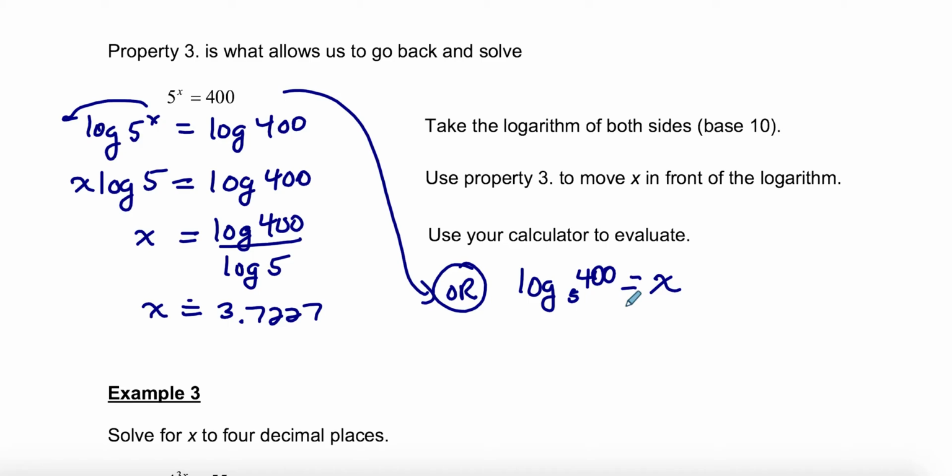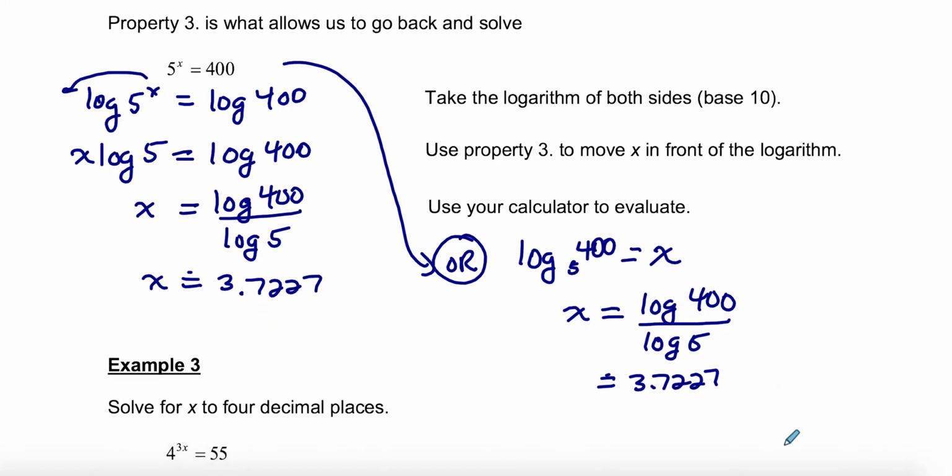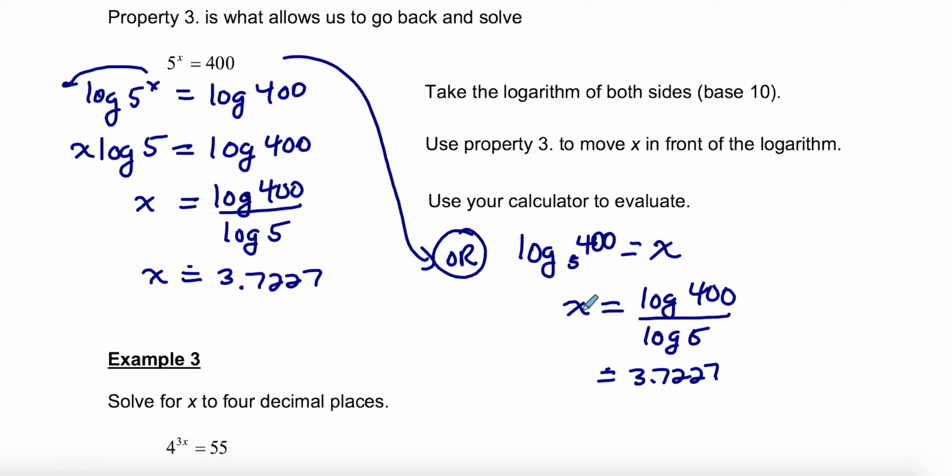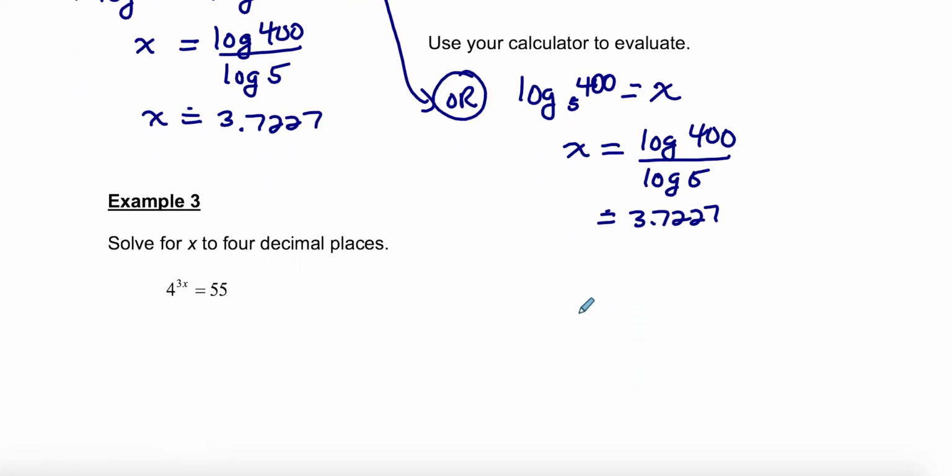So if I would like to know what that is, x would actually just equal the log of 400 divided by the log of 5. And I should be able to get 3.7227 in that way as well. Just thinking about writing in logarithmic form and then actually finding the log of what we have there on the left. Log of 400 divided by log of 5. If you have a fancy calculator, you could probably type in the 400 and the 5 with that special button, and you would also get the same answer.